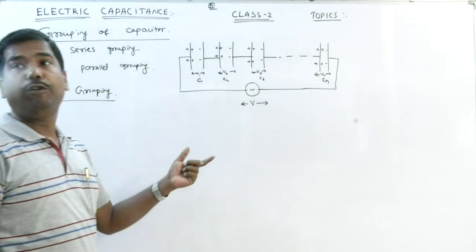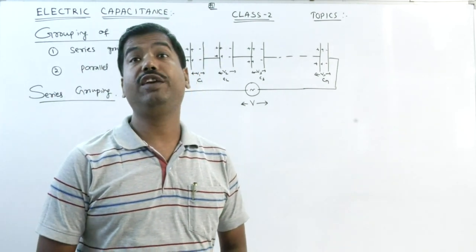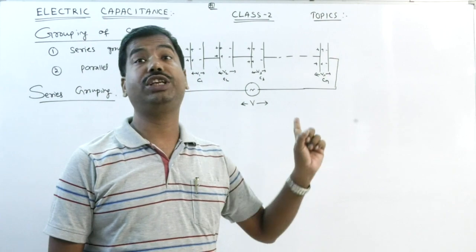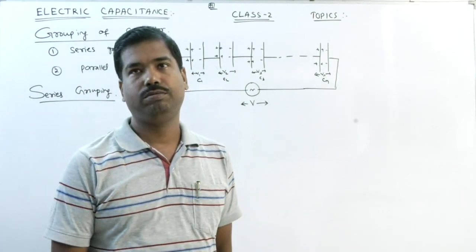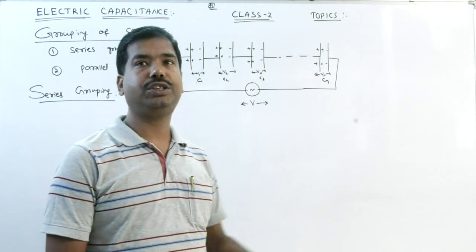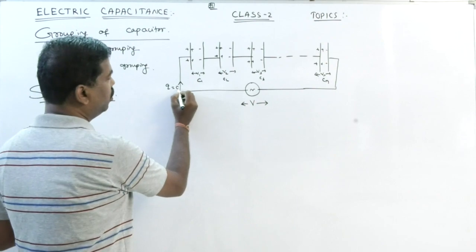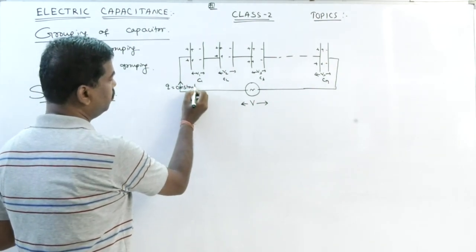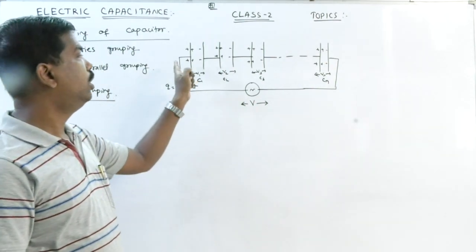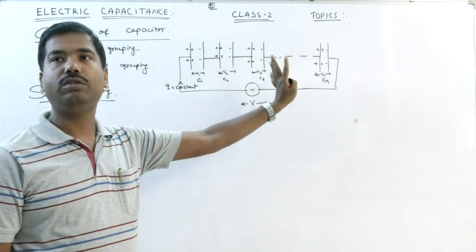Capacitors are said to be in series grouping if the amount of charge flowing across each capacitor is equal. It means Q is constant. Clear? The total charge across each capacitor is equal.